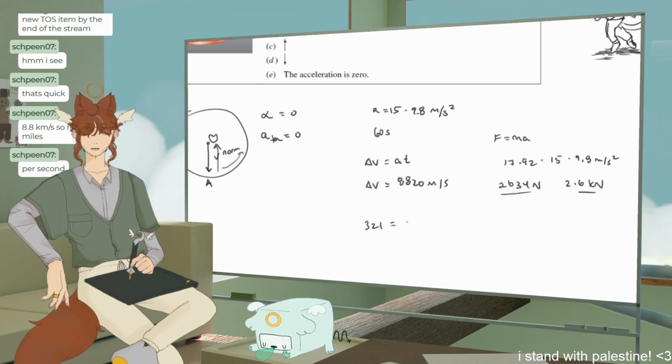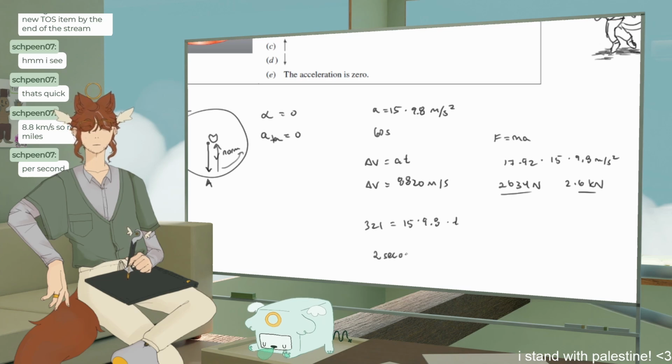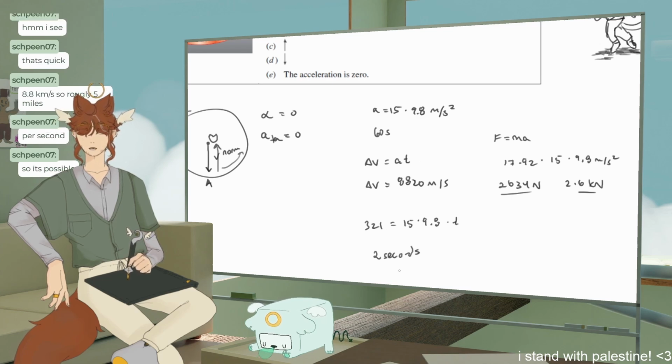We want to say that, and then 15 times 9.8 times t. This would have to be very, very, very quick. Yeah, that's 2 seconds. So you'd have to accelerate it, or you'd have to make this so it's possible.